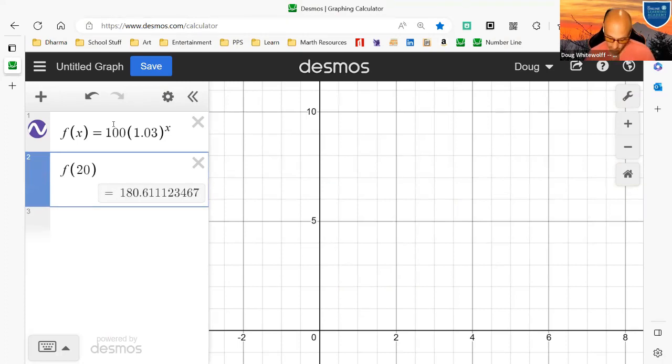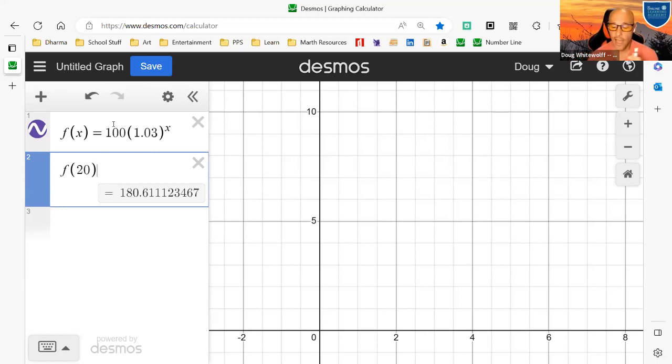And it tells me that after 20 years, my $100 will have become $180.61. Now, does that seem like a lot? Yeah. 20 years, $80, not a lot.